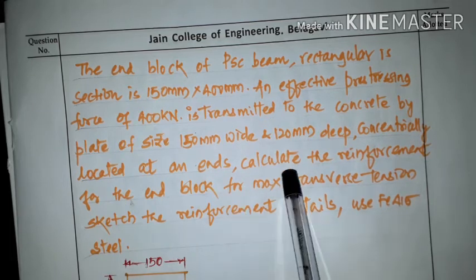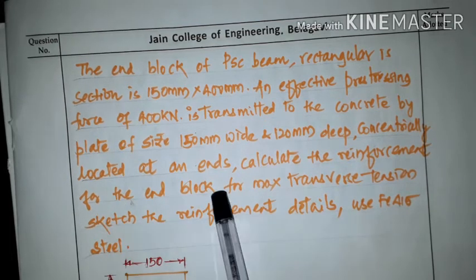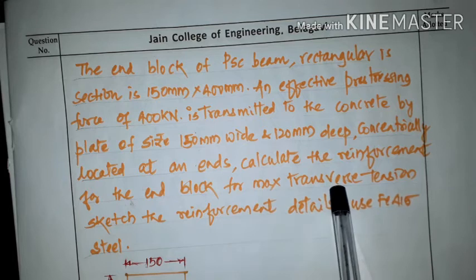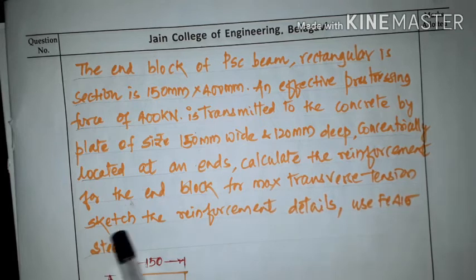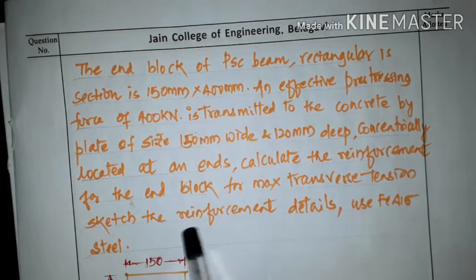So we have to find the reinforcement for the end block for maximum transverse tension, and sketch the reinforcement details. Use Fe 415 steel.